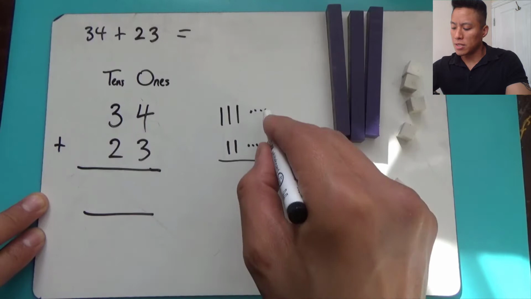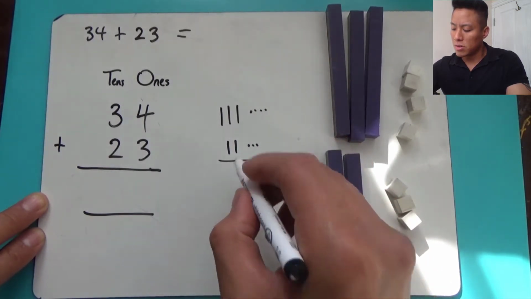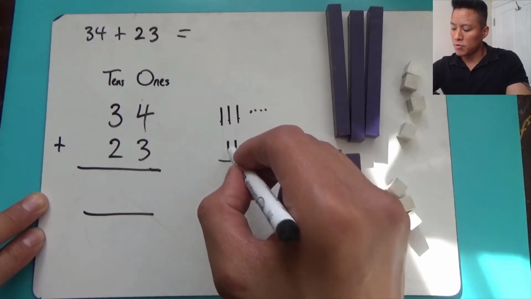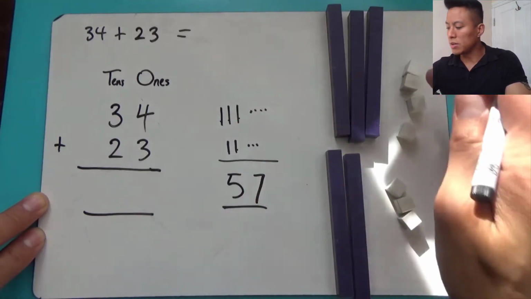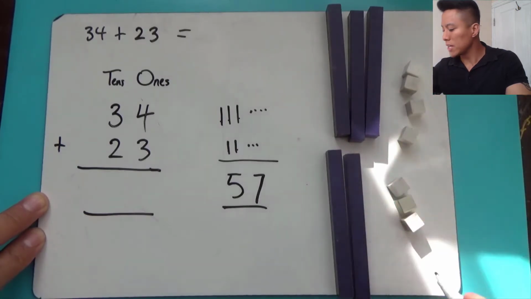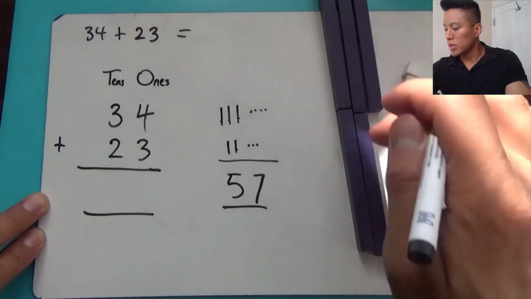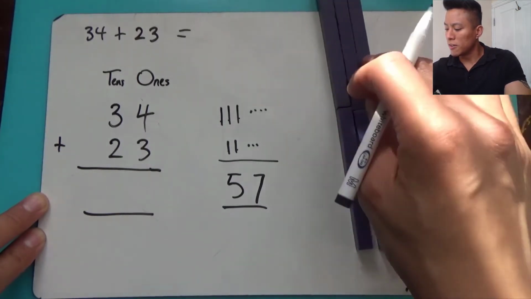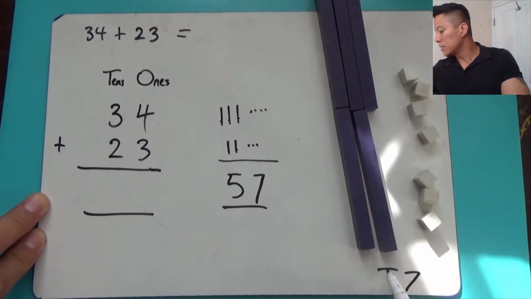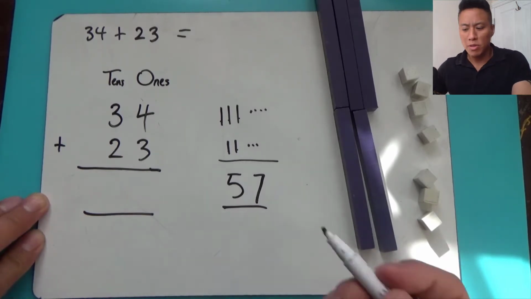When we add them all together, 1, 2, 3, 4, 5, 6, 7, and 1, 2, 3, 4, 5 tens. We get 57 here. Keep the ones all in the ones column. That digit 5 is going to represent 50. So 57.